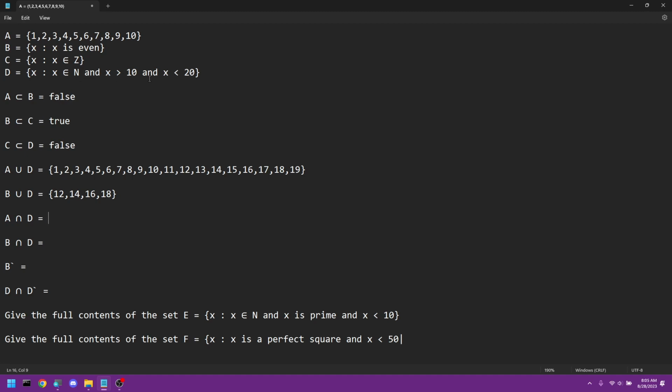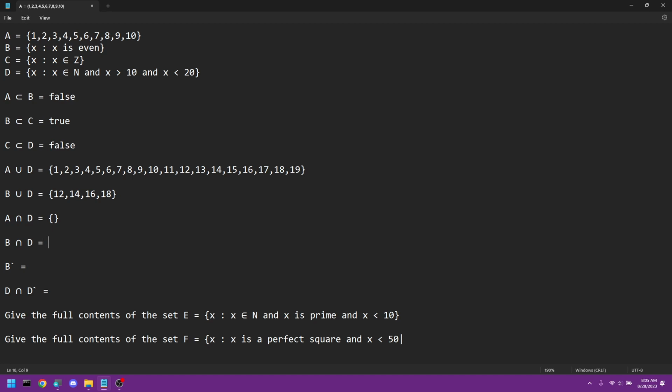D is 11 through 19. There is no intersection. So, we can write this as an empty set. You can write the null set symbol. I will accept either one. I don't feel like copying and pasting the null set symbol, so I'll just use the curly braces.